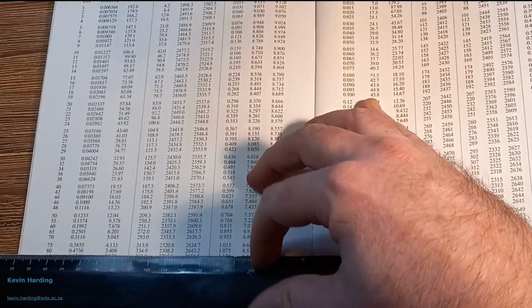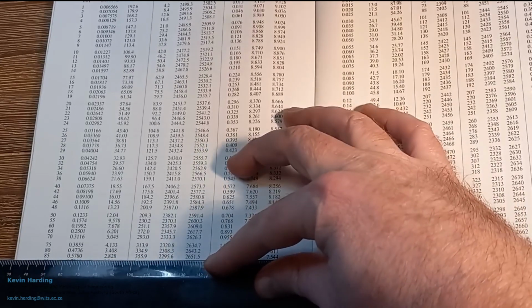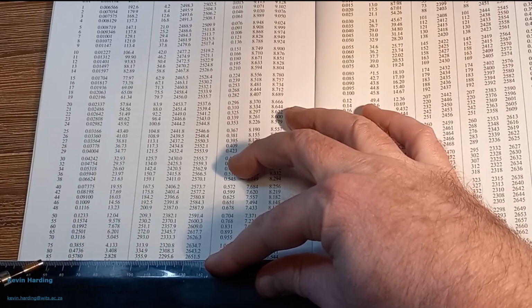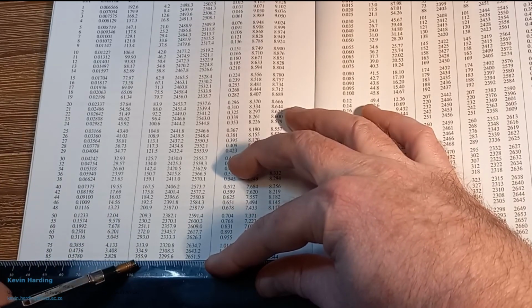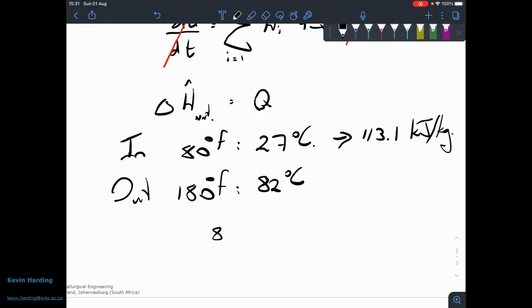If we now look for 82 degrees Celsius, we see that there is no 82 degrees Celsius. I have a value for 85 degrees Celsius, which is 355.9.